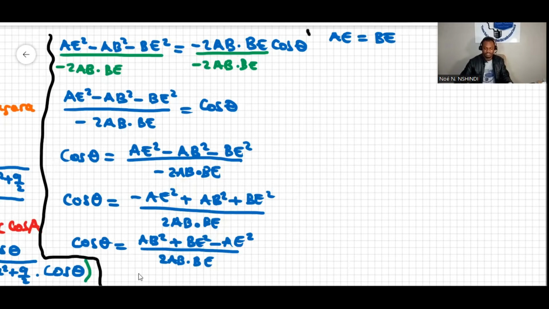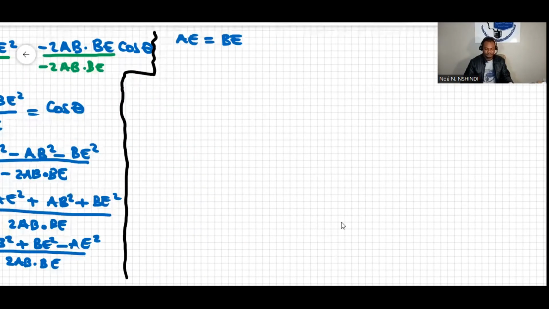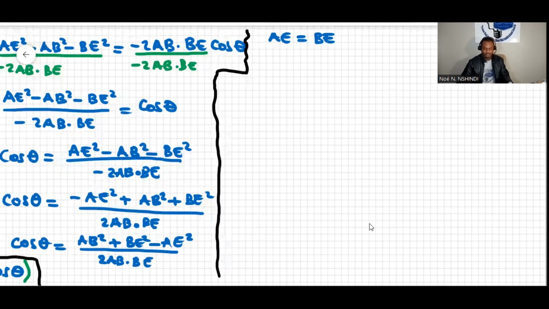Therefore, cos of theta will just be equal to AB squared all over 2 times AB times BE, because the AE squared and BE squared will cancel out.